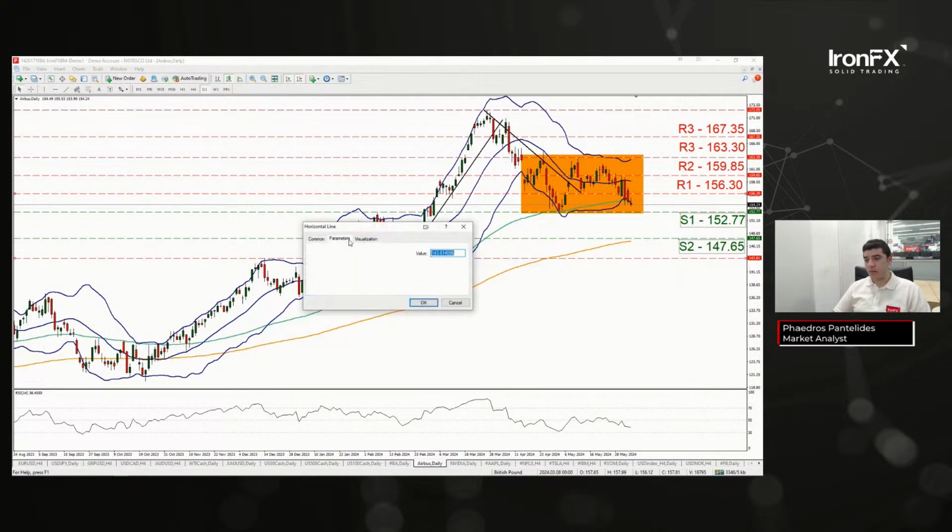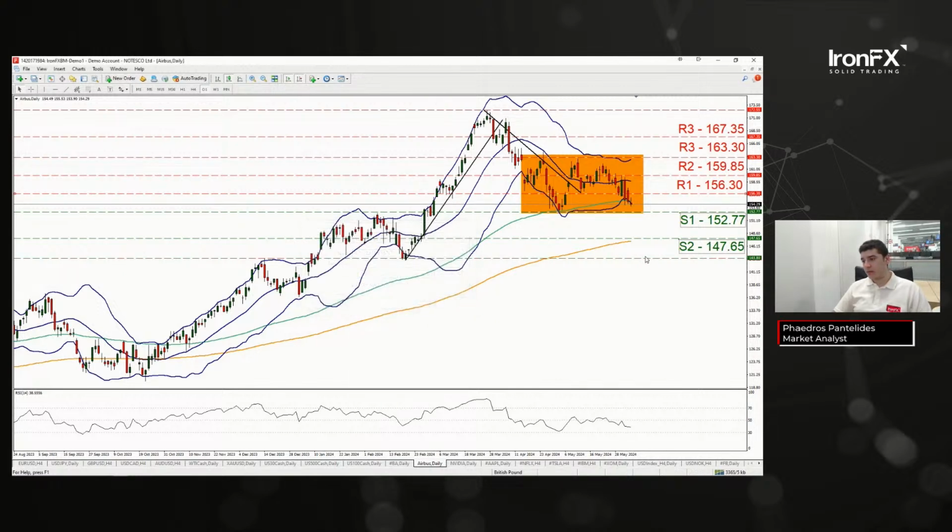There we go. 143.80 for S3. It's a bit too close to S2, but still nonetheless valid, as you can see. Wicked up and then bounced off, implying that there is a potential for heavy support at this level.